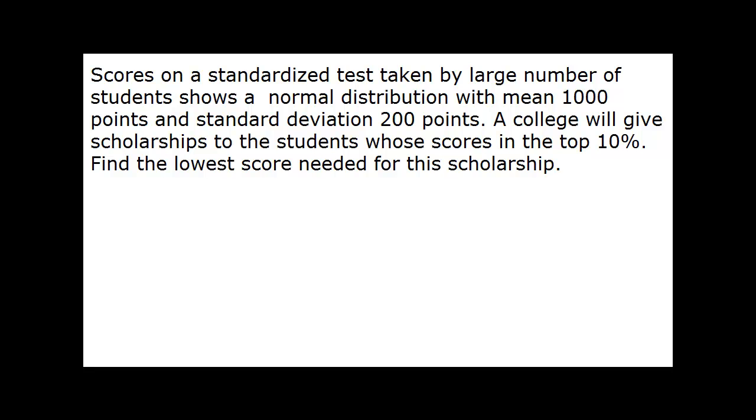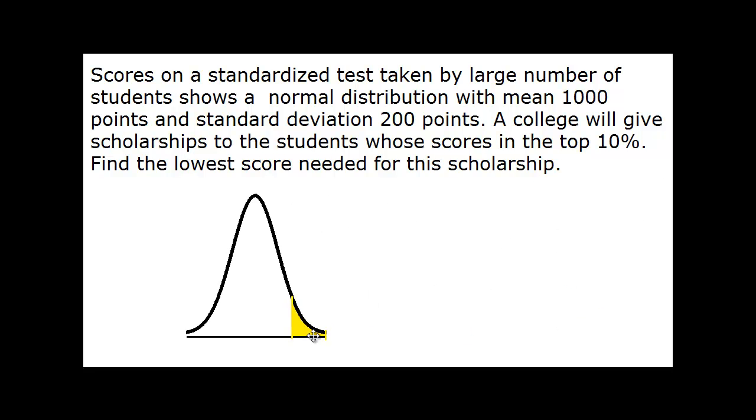Now we are going to do a slightly different kind of calculation. That is, say we are looking at this question, that we have a normal distribution with mean of 1000 and a standard deviation of 200. And instead of finding the area on the right or left of a particular point, we have to find what value should I have so that 10% of the values are over that particular number.